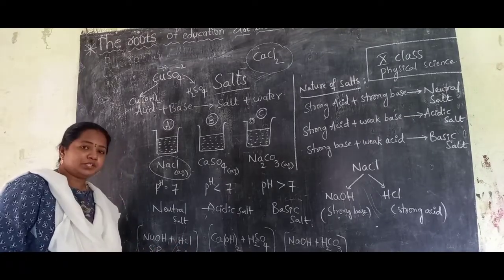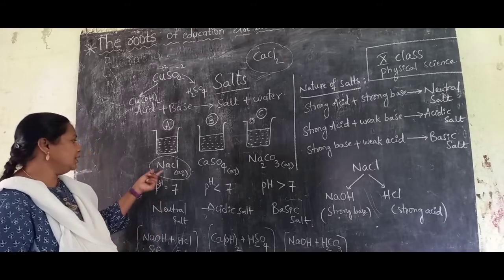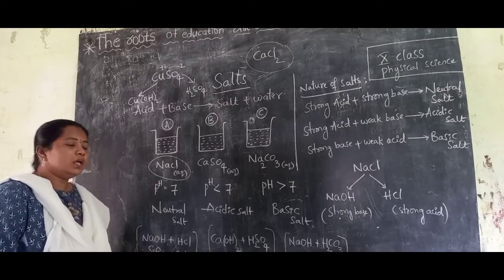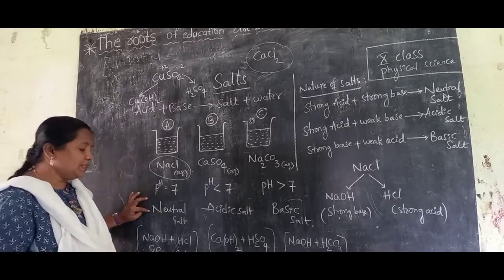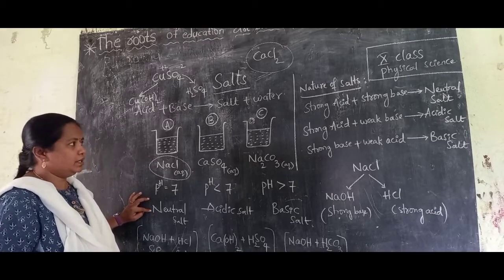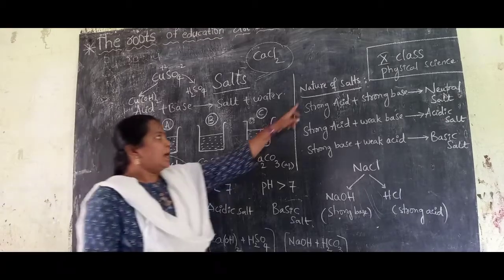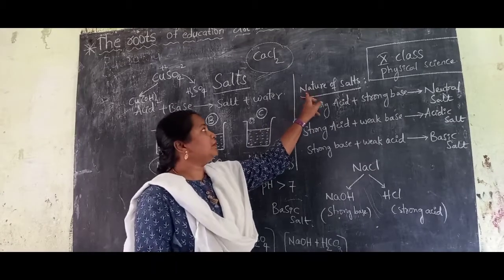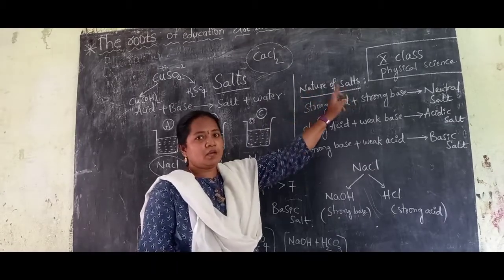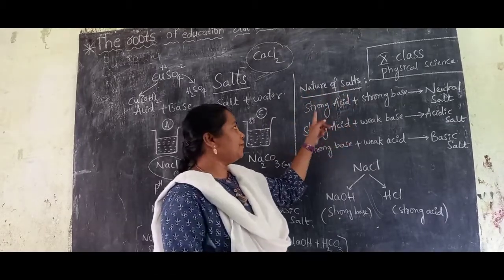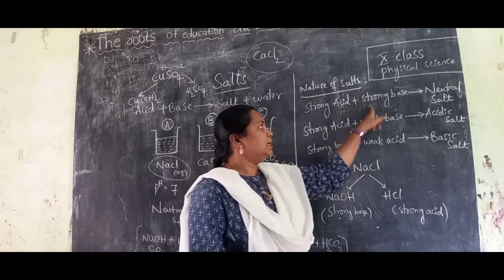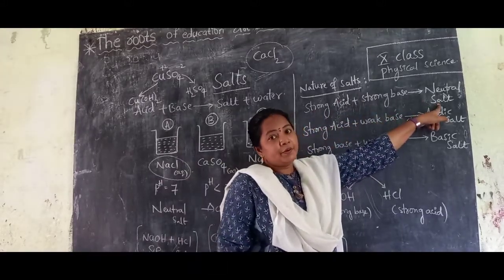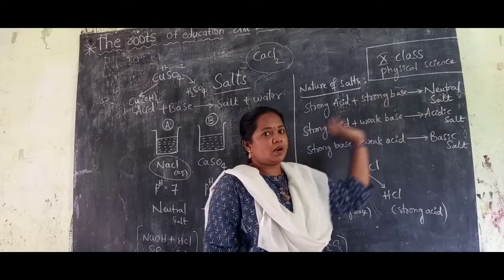As both of them are strong, the resulting salt formed from these two is said to be neutral in its nature. Here I have written for easy understanding, you can see the nature of salts. When a salt is formed from a strong acid and a strong base, the resulting salt will be neutral in nature, a neutral salt.